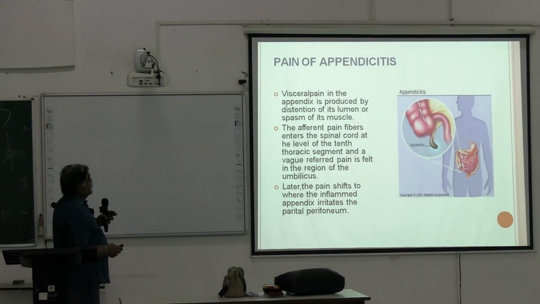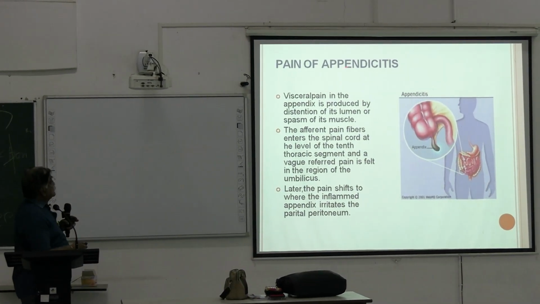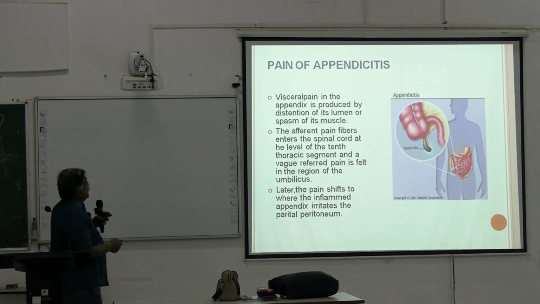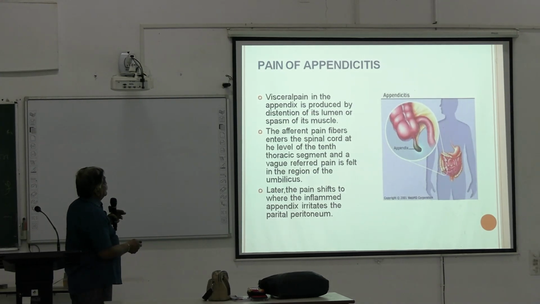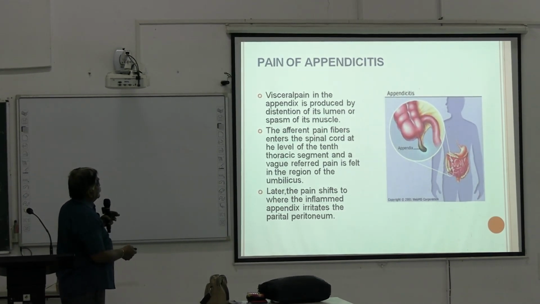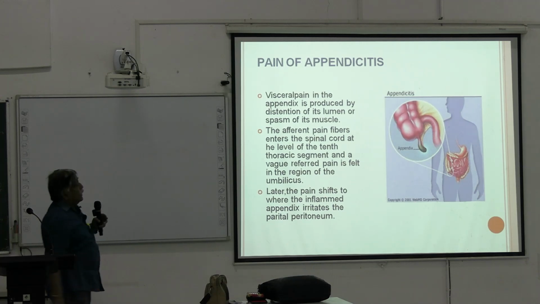Now, pain of appendicitis. The visceral pain in the appendix is produced by distension of the lumen or spasm of the muscles. The afferent pain fibers enter the spinal cord at the level of the 10th thoracic segment, and vague referred pain is felt in the region of the umbilicus. Later, the pain shifts to where the inflamed appendix irritates the parietal peritoneum.